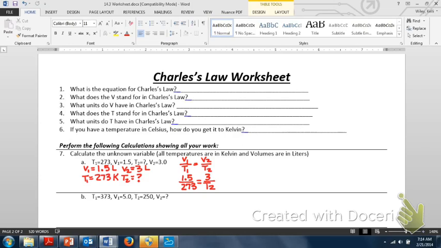So I'm going to have 1.5 T2, and on the other side I'm going to have 273 times 3. So I'm going to take my calculator, 273 multiplied by 3. So it's 819 because you're multiplying these two.